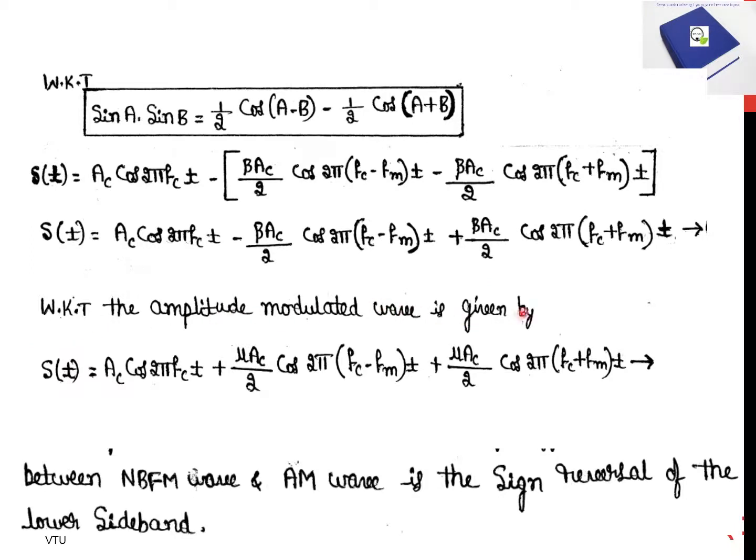The amplitude modulation wave is given here: S of t equals Ac cos 2 pi fct plus mu Ac by 2 cos 2 pi (fc minus fm)t plus mu Ac by 2 cos 2 pi (fc plus fm)t. Comparing with the narrowband FM wave equation, the only difference is the sign reversal of the lower sideband.